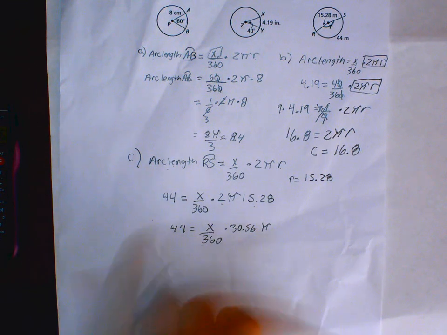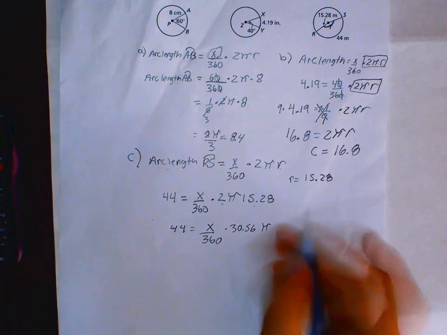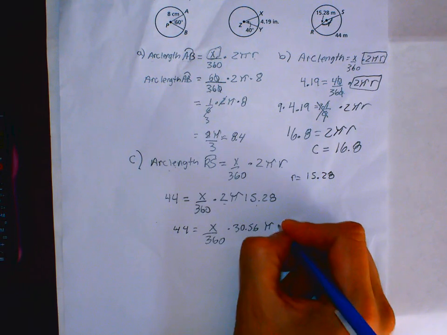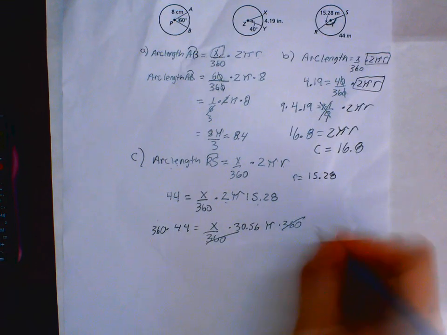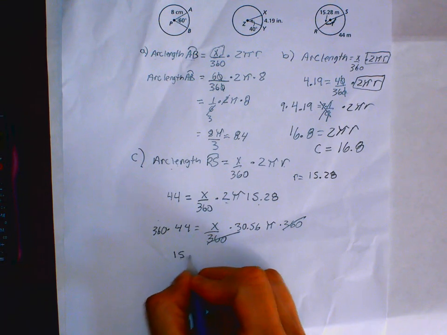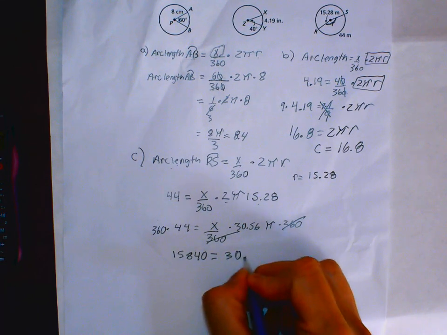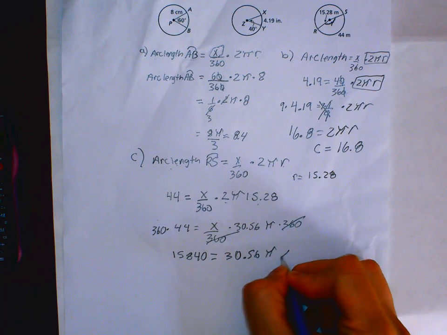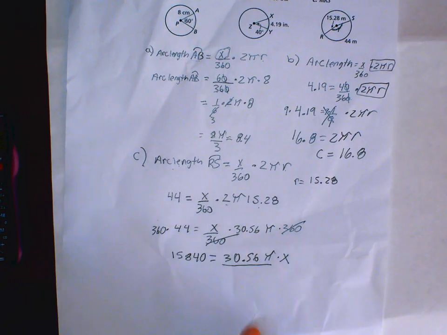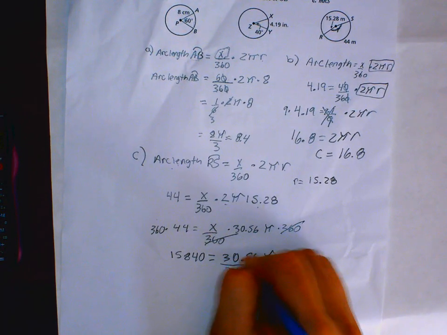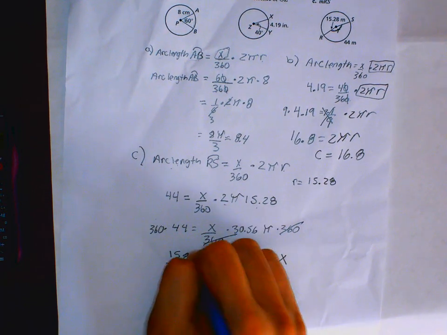Now, my goal is to solve for x. So what I'm going to do is get rid of 360. I'm going to multiply the 44 times 360. So I'm practically multiplying 360 on both sides. And that gives me, it's a big number, 15,840. And that's equal to 30.56 pi times x. So now what I'm going to do, and yes, the numbers are a little bit ugly, that's okay, divide both sides by 30.56 pi.